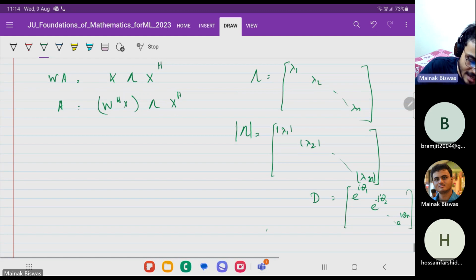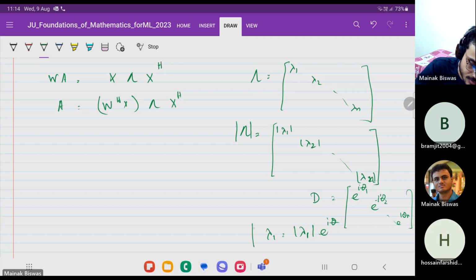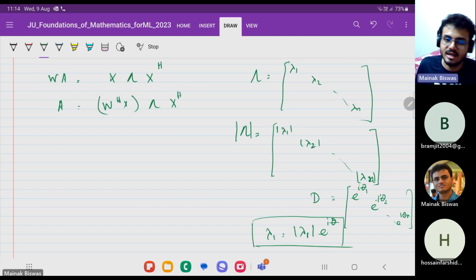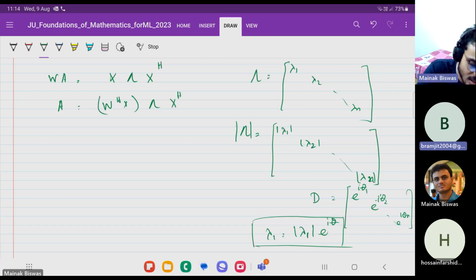So any lambda can be written this way, recall your class 11 complex numbers. Any complex number can be written this way, or not? So the D matrix that we are taking, why are we taking this? These can be complex numbers, right?